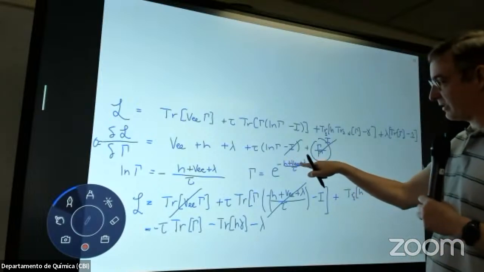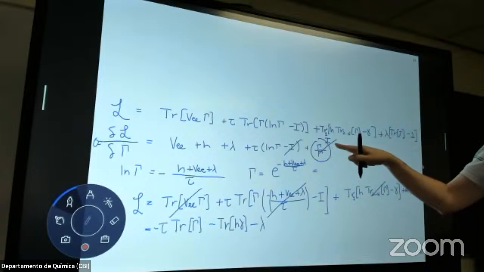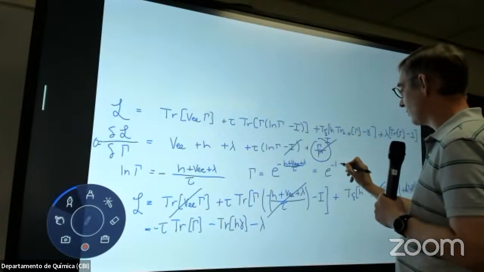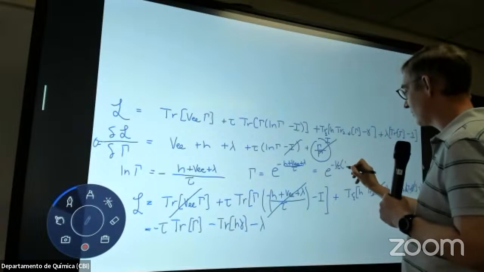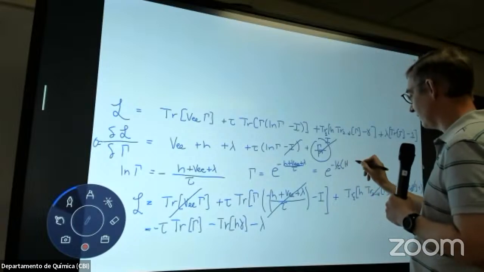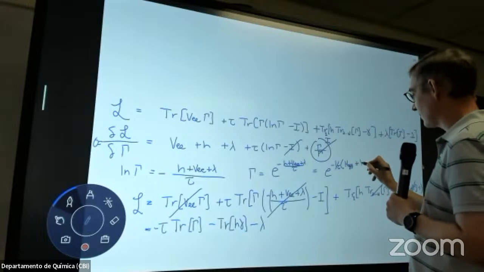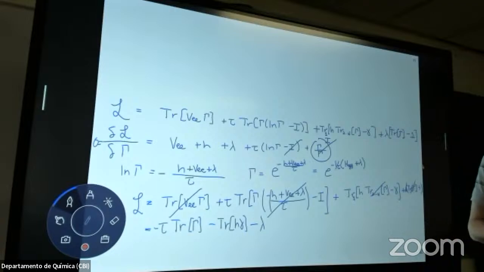This is one electron integral plus two electron integral, so that's just the Hamiltonian, right? So this is just e to the -1 over tau times some Hamiltonian. I'm going to call this the effective Hamiltonian plus lambda. Okay, so that's the formula I have for gamma.